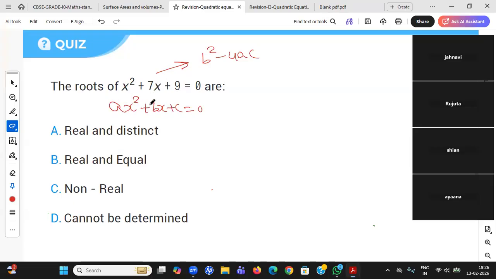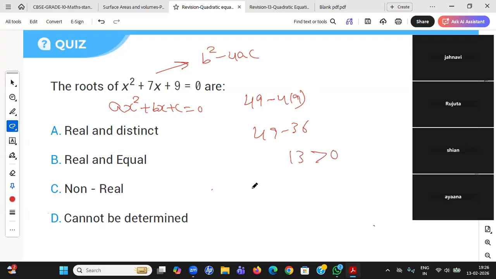Then just substitute. Maya right answer, Fadila right answer, Narendra right answer, Jahanavi right answer, Harshini right answer, Rujuta right answer. b square, 7 square, 49, minus 4ac, 4 into 9, 49 minus 36, 13 is greater than 0.